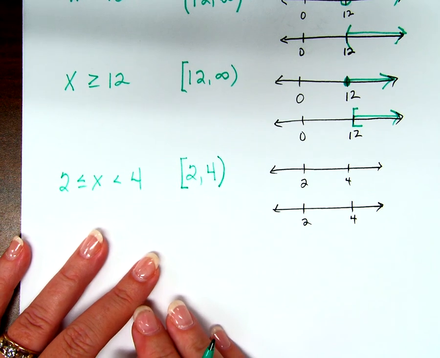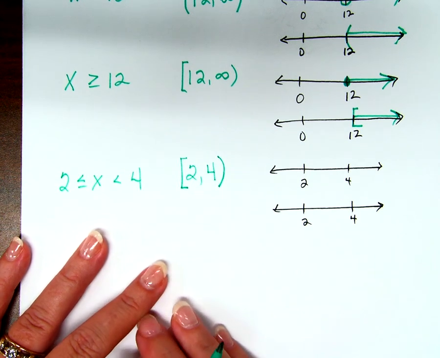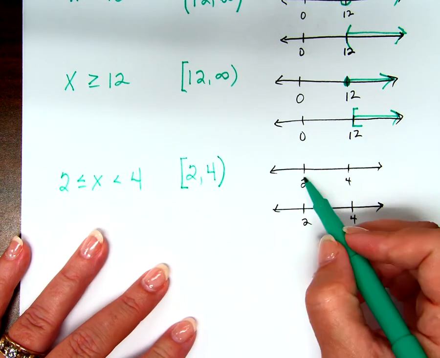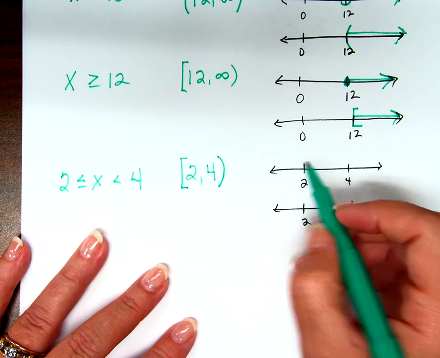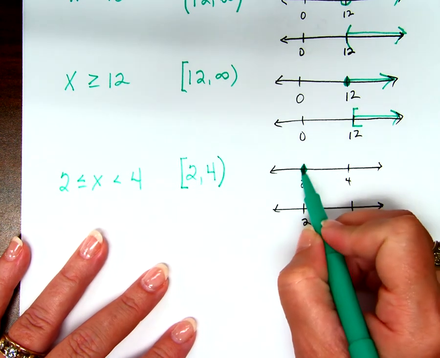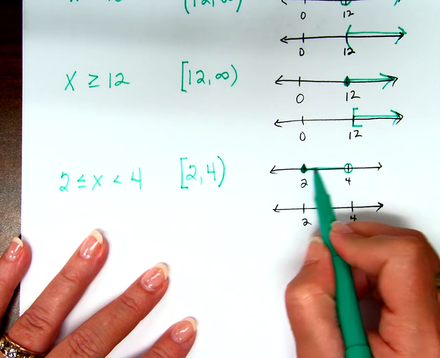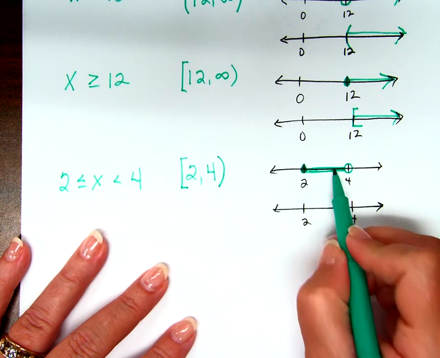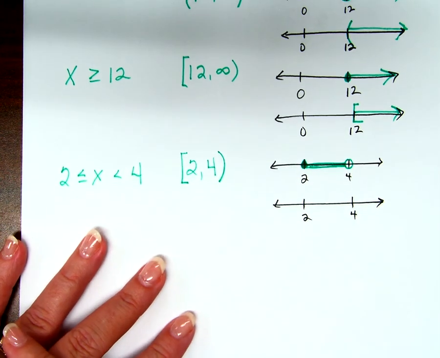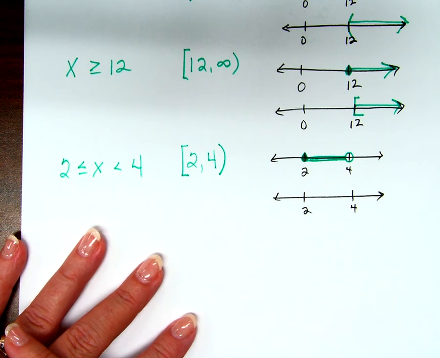So if we're doing dots and open dots, closed dots and open dots, what goes where? Closed dot on 2, open dot on 4, and then we shade in between, right? Like that. What if we're doing parentheses and brackets? What goes where?